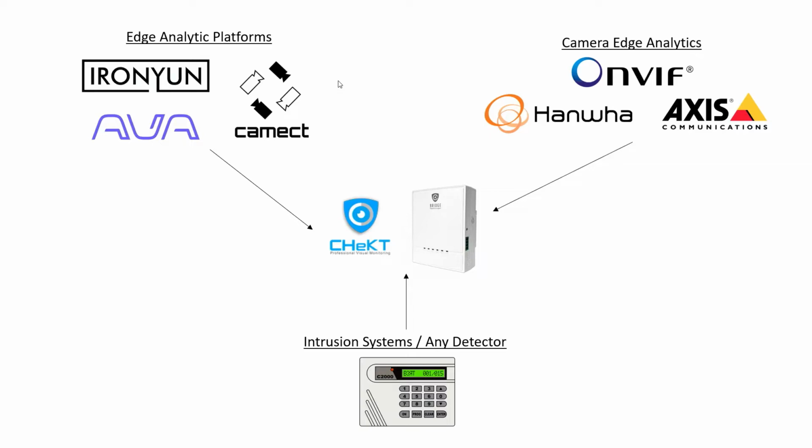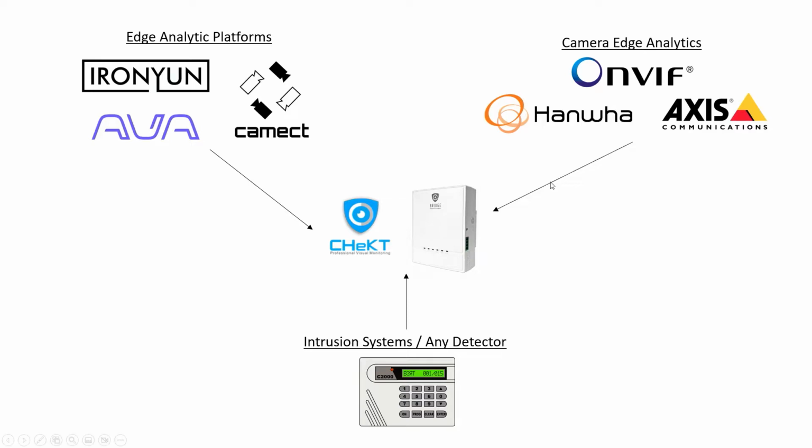And the newest feature is for cameras that exist on site or lower end cameras that don't feature this high end human detection analytics: you can actually use services like CAMECT, Iron Yun, and Ava to take existing cameras on site that lack the analytics and overlay analytics on top of them. All three of these methods are integrated with the bridge, and I can use one or a combination of all three to trigger my bridge and have alarms go through.